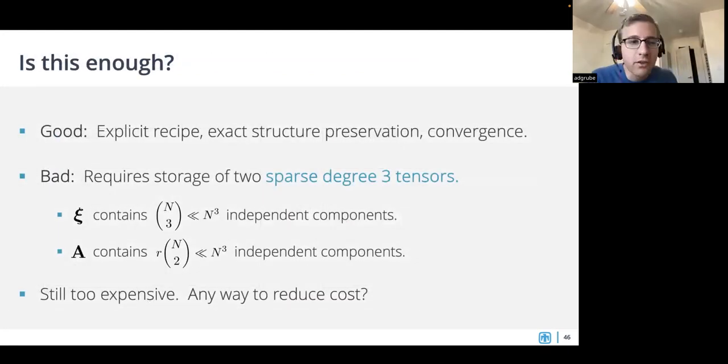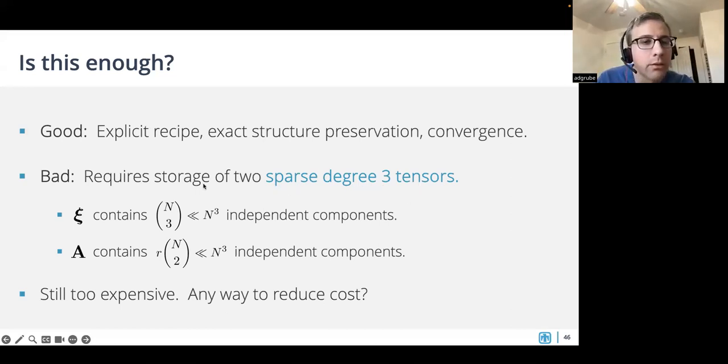And so to say a few more things before I wrap up, the good news is that with this metroplectic system we have an explicit recipe for constructing the ROM, which gives you exact structure preservation like we want, and gives you convergence to the true model. So that's really great. The bad thing is that it is quite expensive in this form.